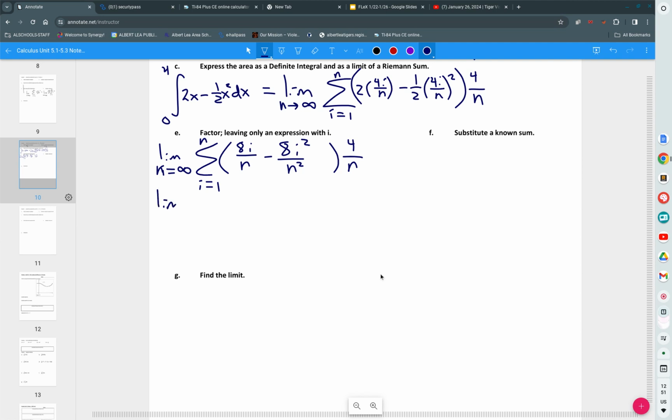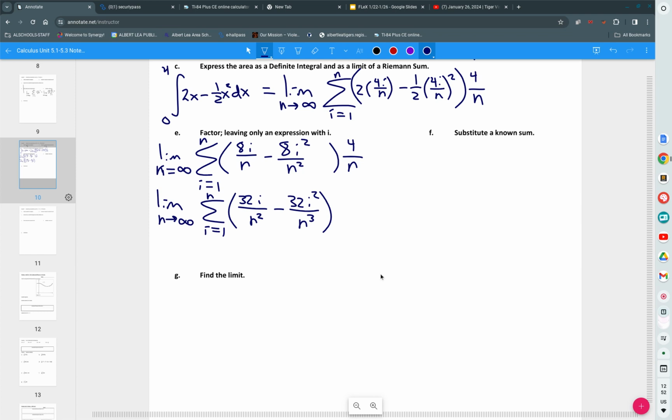I have the limit as n goes to infinity of the sum from i equals 1 to n of, what do I have now? 32i over n squared minus 32i squared over n cubed. So if you're ever making a mistake, you can look back and recognize that your i should always be 1 degree less than your n's at this stage.